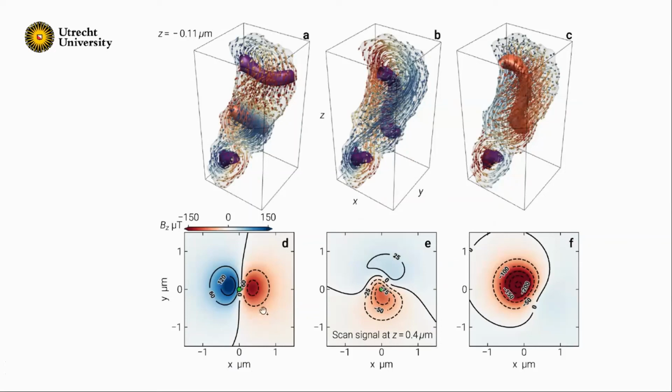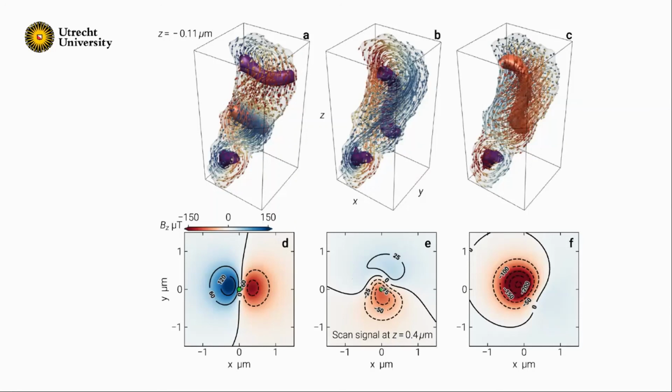And these signals, which are the magnetic field produced by each one of these configurations, can be compared directly with the signals that we see in the microscope. And if they match, we can say, okay, this grain is in this state, or this grain is in this other state, and so on.